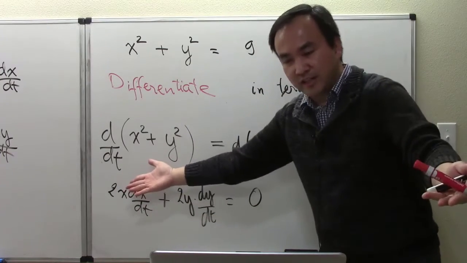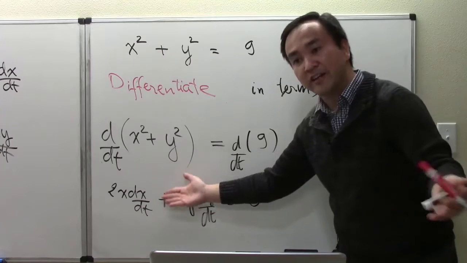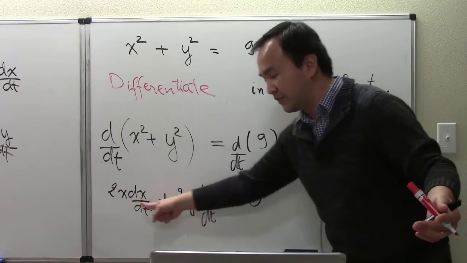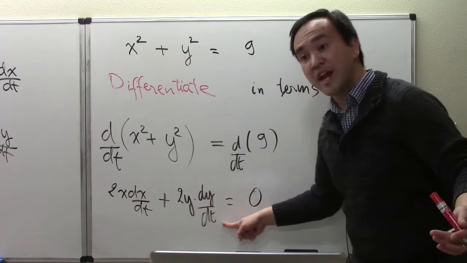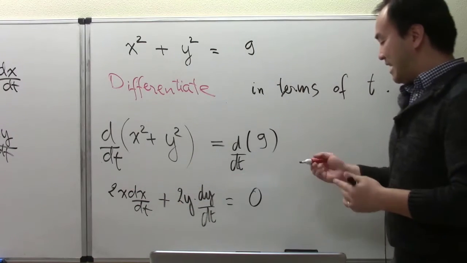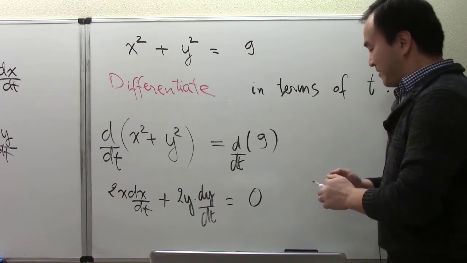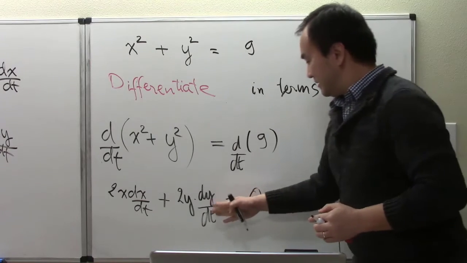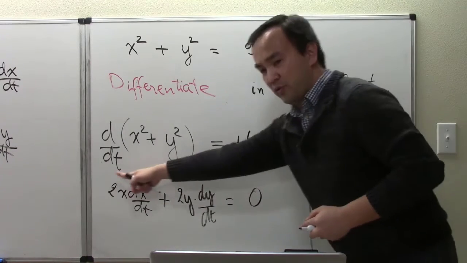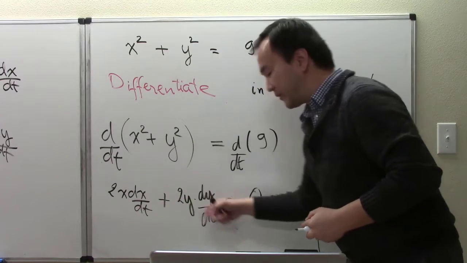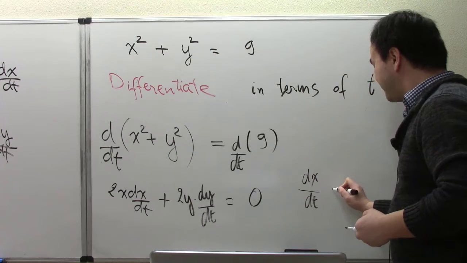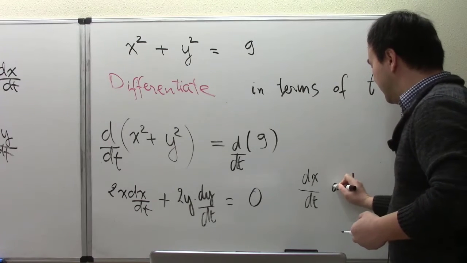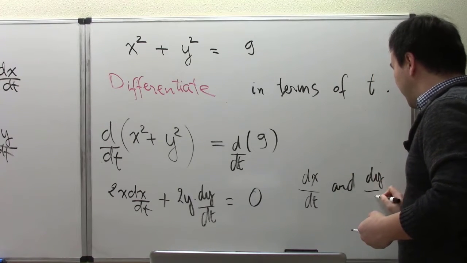Because an equation is a relationship between all the variables. We still have variables and equal signs, and furthermore, we have rates involved. That's how, ladies and gentlemen, this current equation involves two different derivatives, dx/dt and dy/dt.